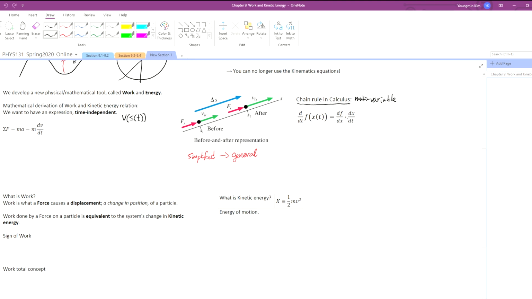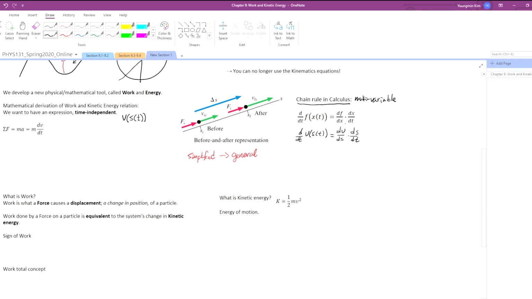What we're going to apply here is that we're going to take the time derivative of a velocity that is a function of position, but the position is a function of time at the same time. So by using this chain rule, we can write exactly this: dv/ds times ds/dt. Just a simple application of the chain rule in calculus.